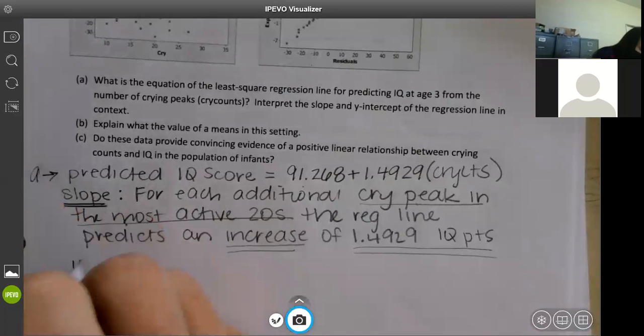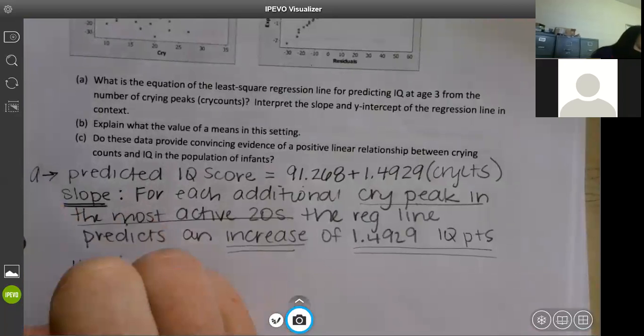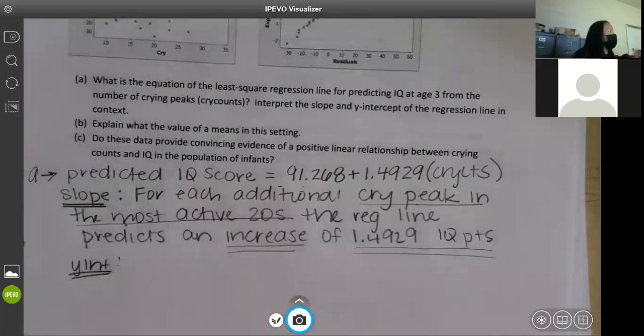So then your y-intercept. Remember, your y-intercept is where you start. It's when x is 0. So that's what we're going to talk about right here.